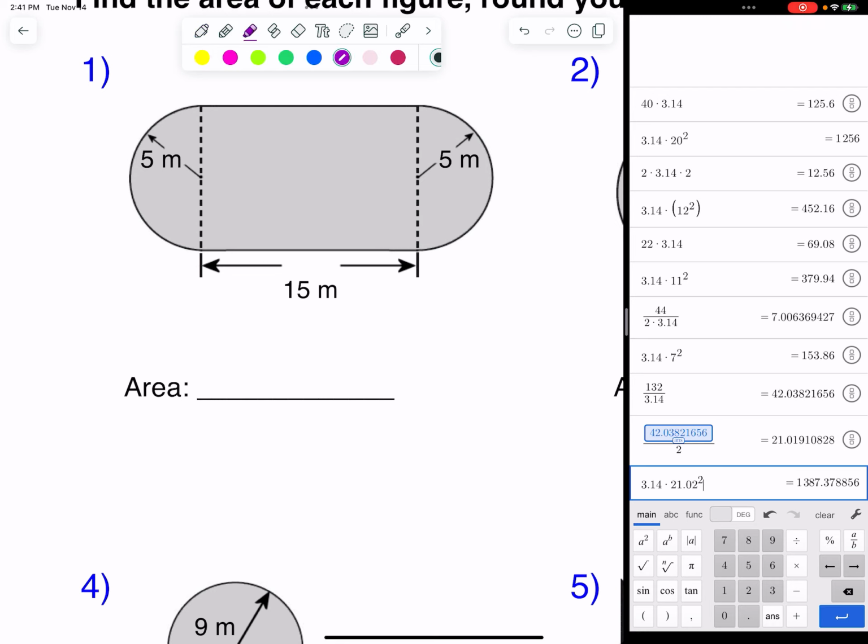But the other thing I see is that I could cut off that piece, and I could cut off this piece, and I would get one whole circle.